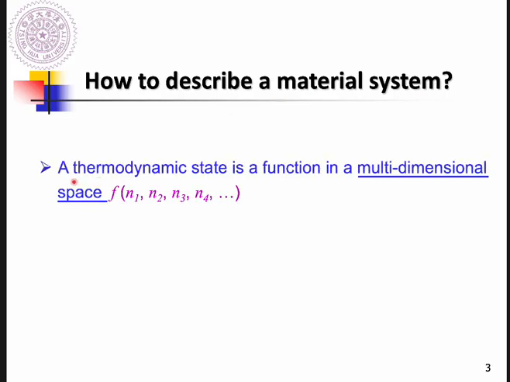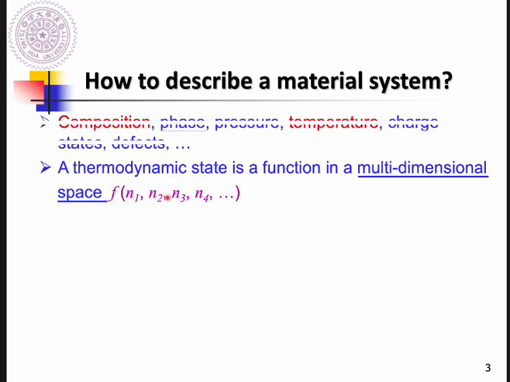Probably the first thing that comes to your mind is that when I describe a material system, I will use some parameters, for example, the pressure, the temperature, the composition, and so on. So yes, the thermodynamic state is a function in a multi-dimensional space, which means that usually we always use some parameters defined in the thermodynamic state to describe our material systems.